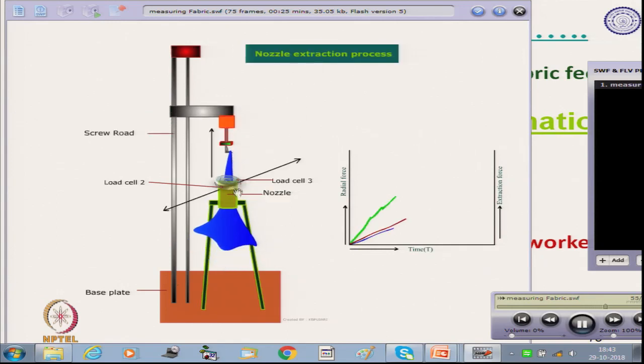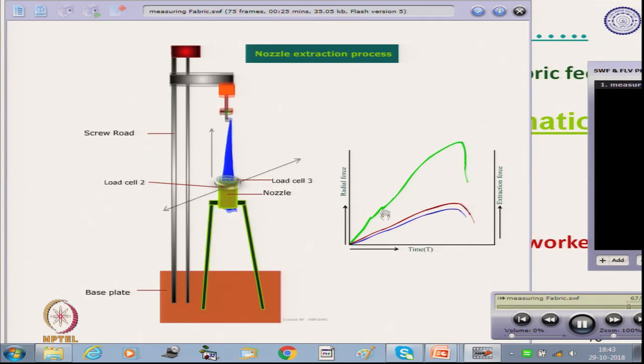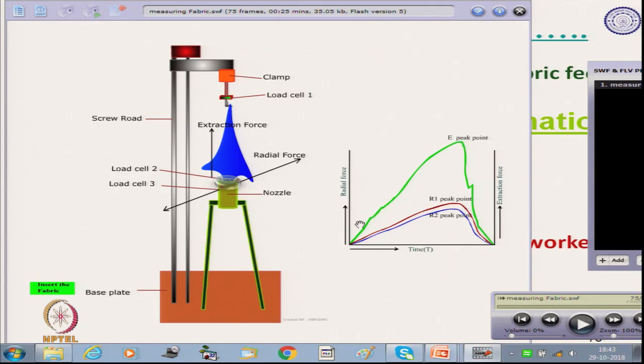So, the crosshead is moving up, the fabric is being extracted through the nozzle, and this is the load extraction curve, and these are the radial forces: load cell 1, load cell 2, load cell 3.